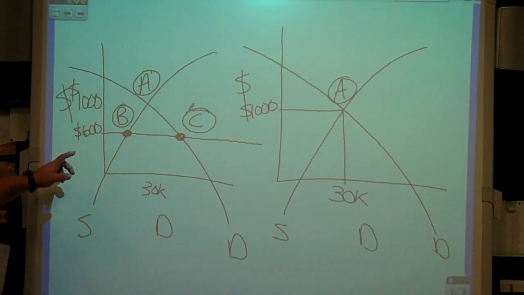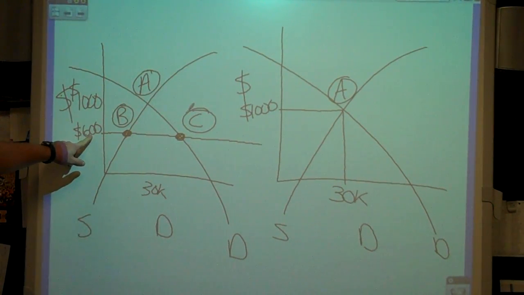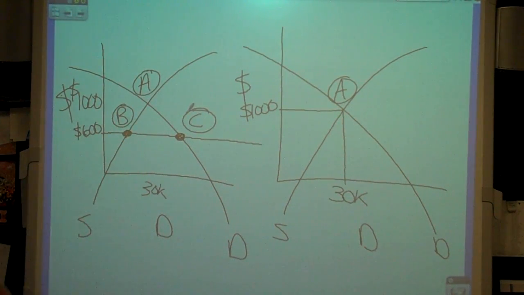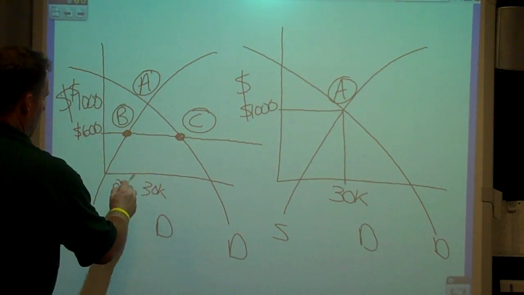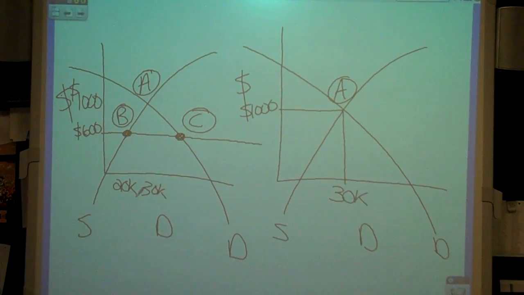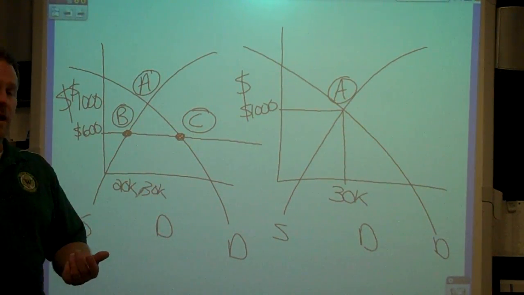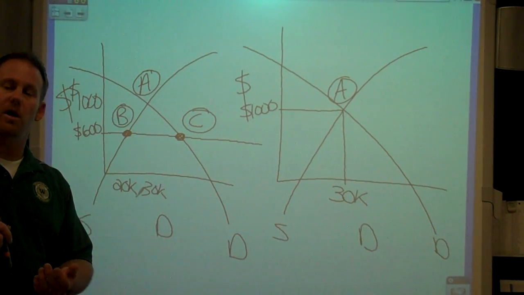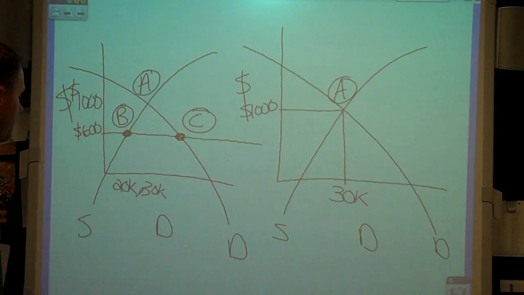Alright, so at $600 per apartment, suppliers, landlords, are only going to be willing to supply 20,000 apartments, okay? Because we know that as prices go down, on the law of supply, so does supply, okay?